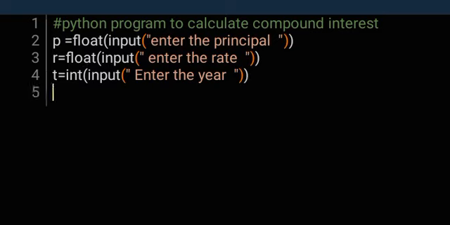Then the number of times the interest is being calculated, we need that one also. The number of times, the number of months. That one can also be integer.